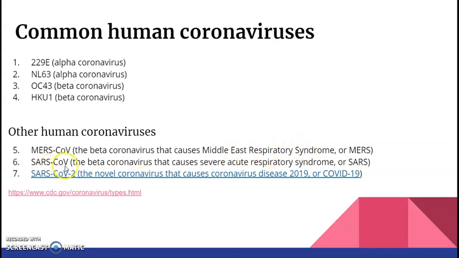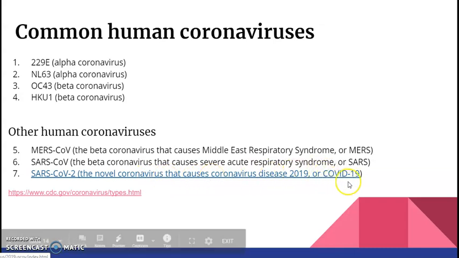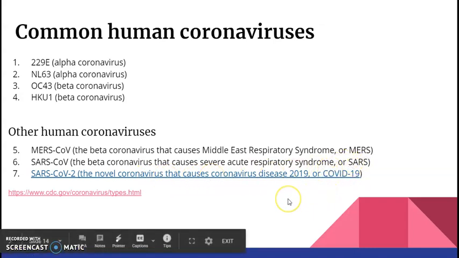There's SARS-CoV that causes SARS, a previous coronavirus that caused serious respiratory illnesses. And then the latest one is SARS-CoV-2, the novel coronavirus that causes what we now call COVID-19.